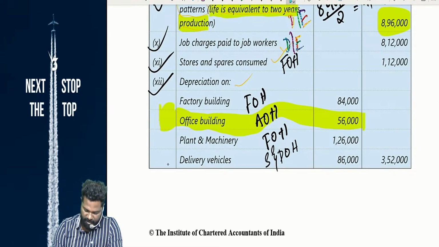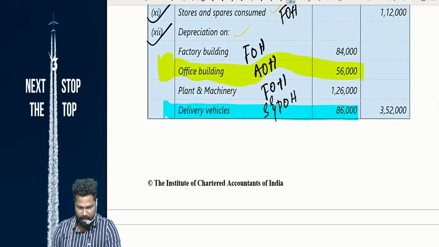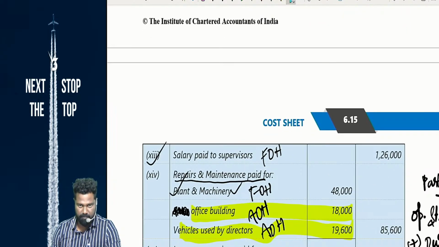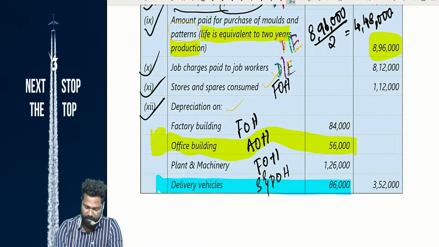How much is depreciation on delivery vehicle? 86,000. The depreciation on delivery vehicle is 86,000. Everything is done.